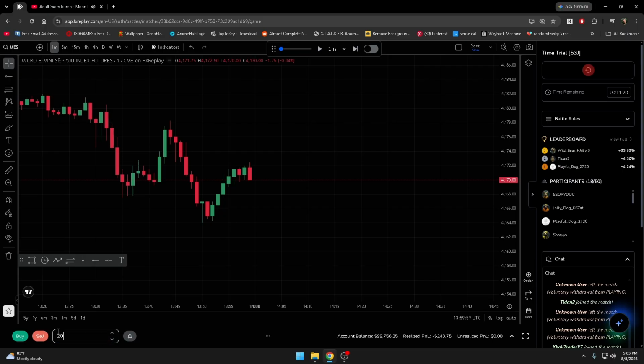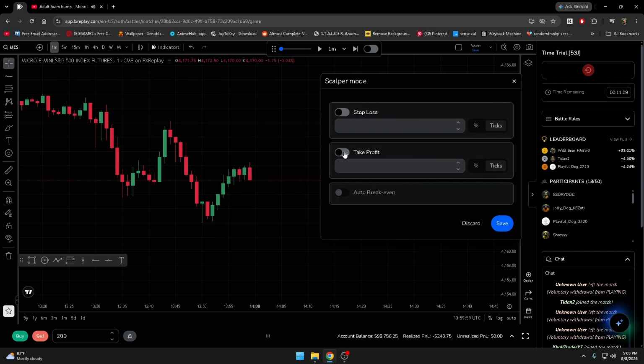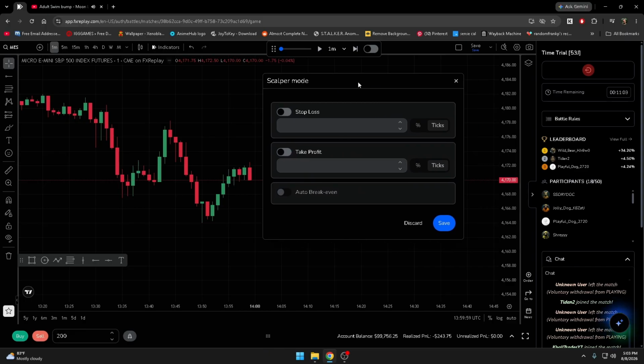Alright, so the maximum lots I can have is 200. So I'm just going to have pre-made set take profits, right? I can't do it like that. I have to set the tick amount.